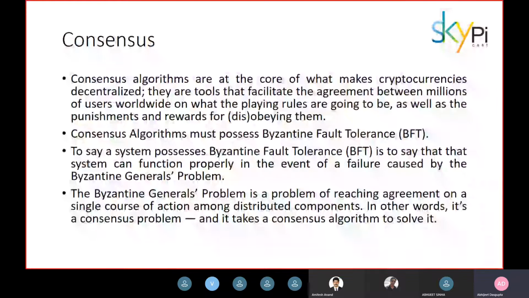A single traitor can still sabotage the attempts of 2 loyal generals. So, as per this problem, any blockchain must have more than 2/3 consensus to have Byzantine fault tolerance.